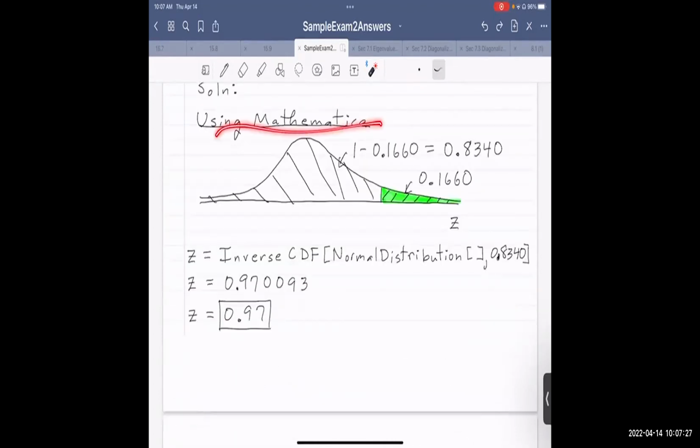I could also use Mathematica to do this. First let me graph what we do to determine it.